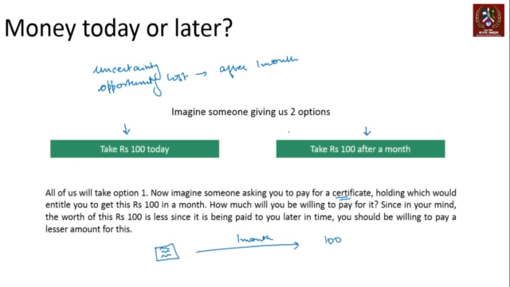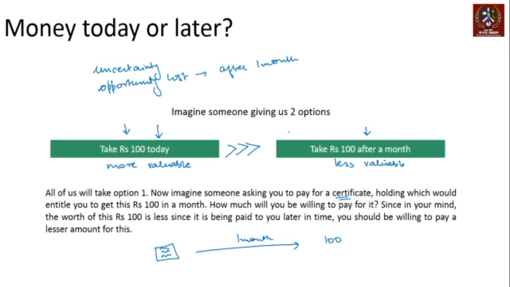Once again, if we have established correctly that taking rupees 100 today is going to give us more satisfaction than taking rupees 100 after a month, then logically this should be more valuable and this should be less valuable for us, right?